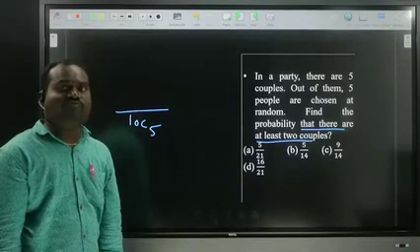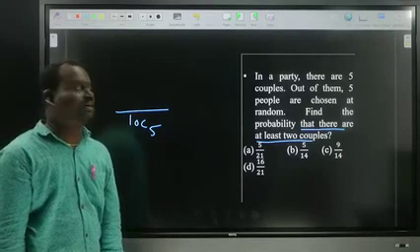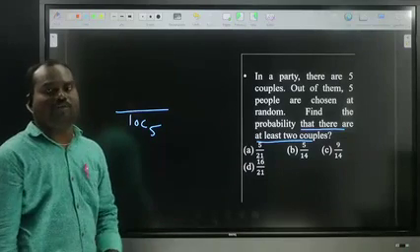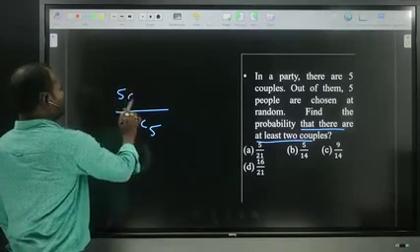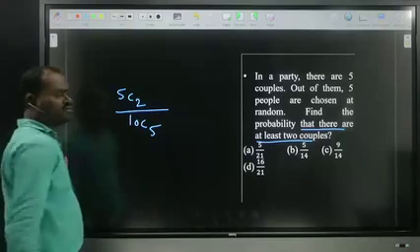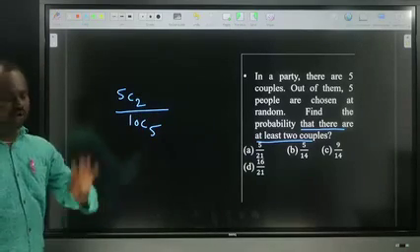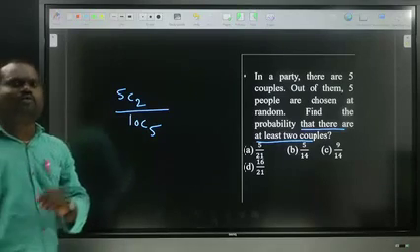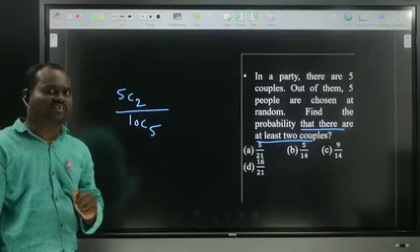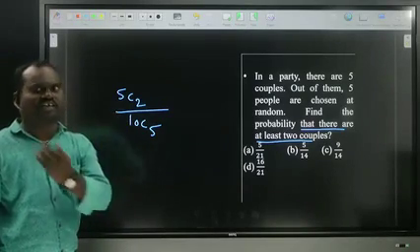So that means at least 2 couples: total how many couples are there? 5 couples. From that we should take 2 couples. From 5 couples we should select 2 couples. Now 2 couples means 4 persons are selected.